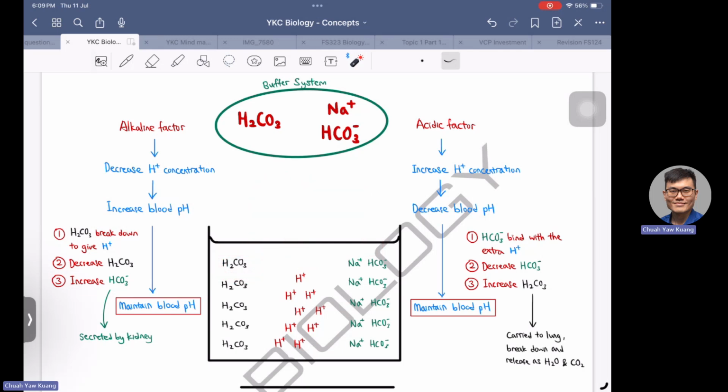So that means that let's say just now we have removed 3 hydrogen ions. That means that 3 carbonic acid have to break down and release 3 hydrogen ions, 1, 2, 3, to replace the hydrogen ions that have decreased just now due to the alkaline factor. In this process, definitely they are going to produce 3 bicarbonate ions as well.